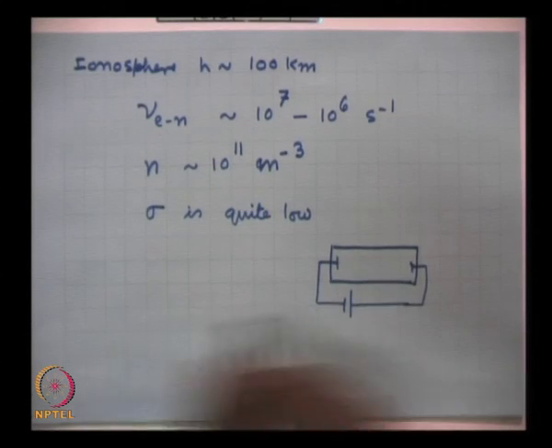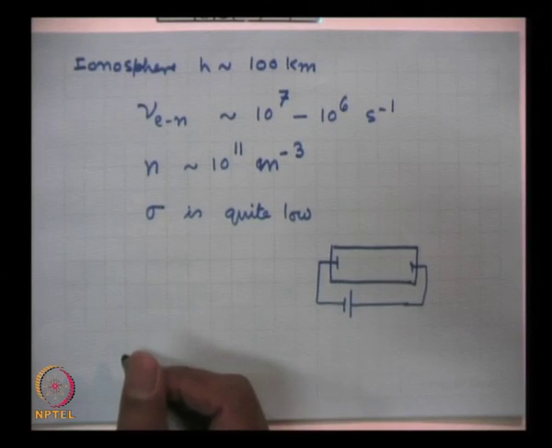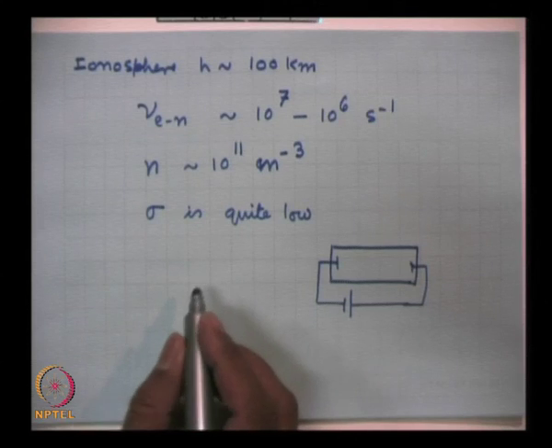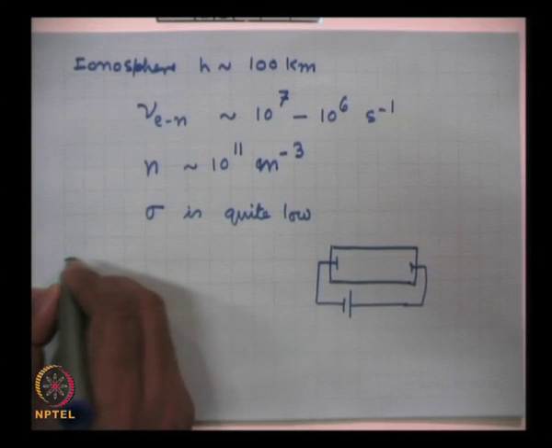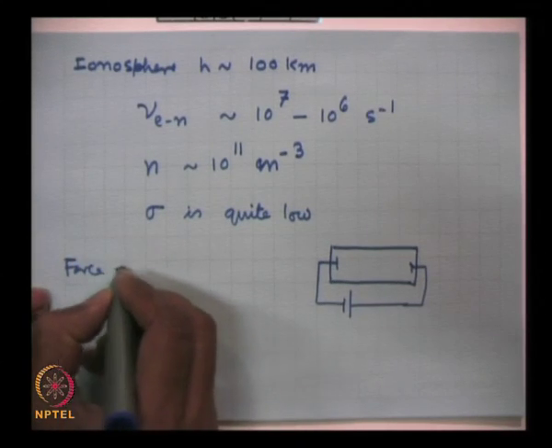When you apply a large electric field, the electrons get heated. Why are they heated? Because the force on the electron is minus eE.